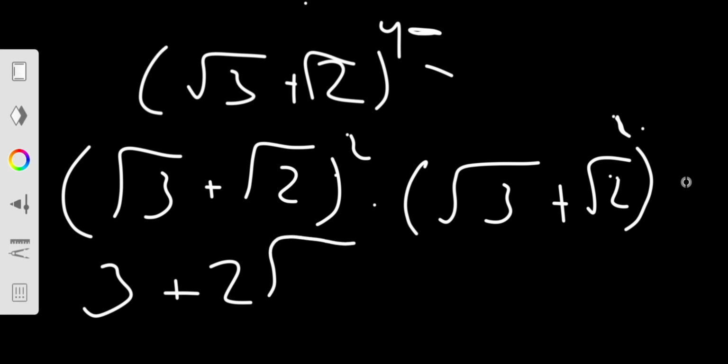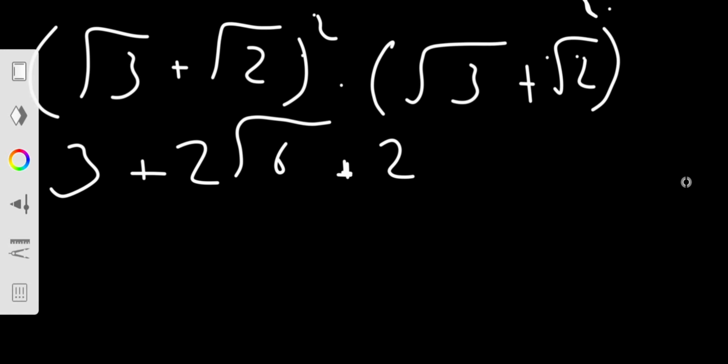So square root of a versus b, 2 versus 6, 2 versus 3 is 6, plus square root of b squared will be 2, okay? So, and this is going to be the same thing, right?